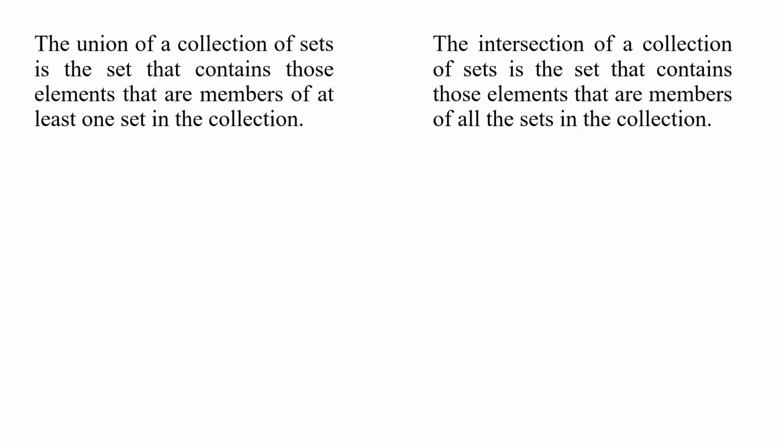So let's have another concept. The union of a collection of sets is the set that contains those elements that are members of at least one set of the collection.